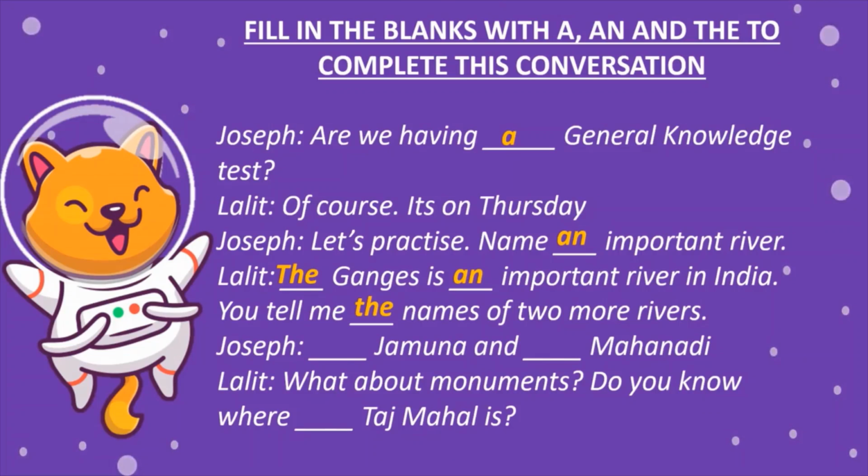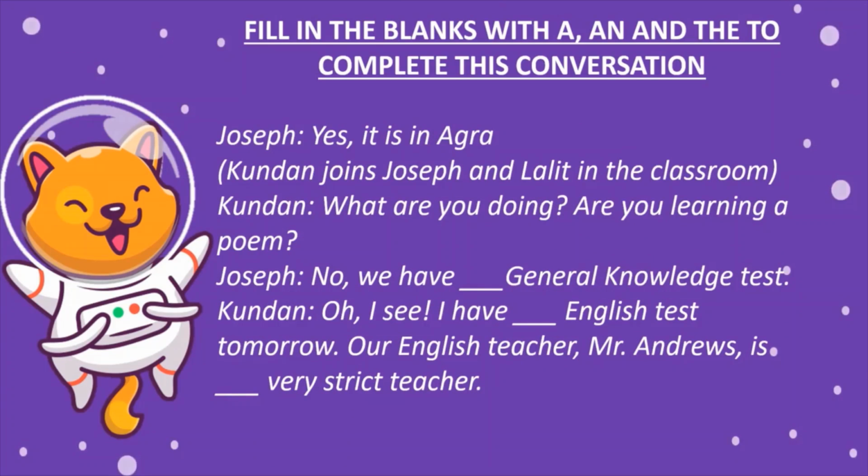You tell me the names of 2 more rivers. Joseph says, the Yamuna and the Mahanadi, because these are names of specific rivers. Lalit says, what about monuments? Do you know where the Taj Mahal is? Joseph says, yes, it is in Agra.